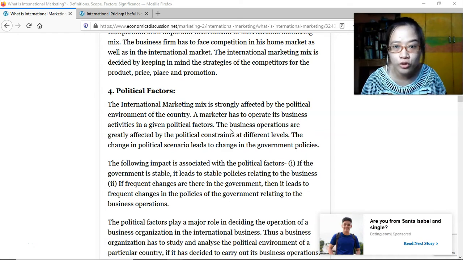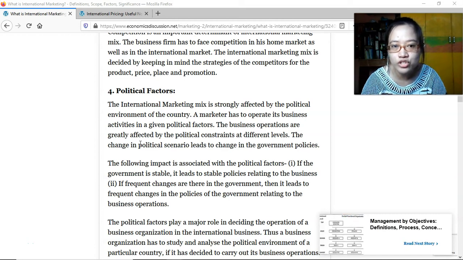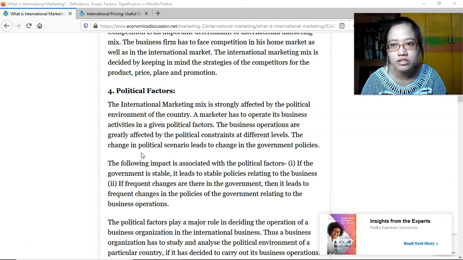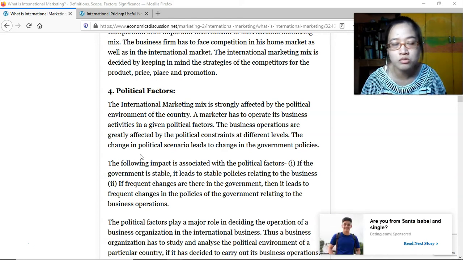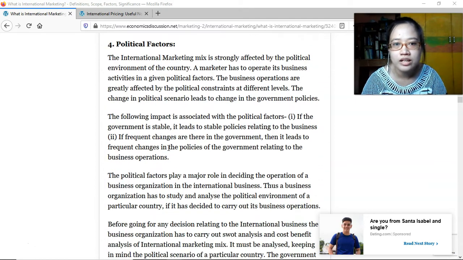Political factors are strongly affected by the political environment of the country. A marketer has to operate its business activities within given political factors. The business operations are greatly affected by the political constraints at different levels. Part of the political factors are the imposition of new taxes, imposition of additional requirements, supervision requirements, and of course, priority projects of the government, things like that.